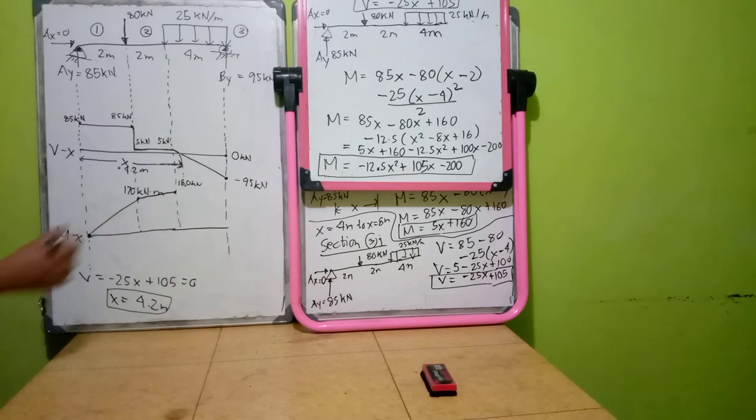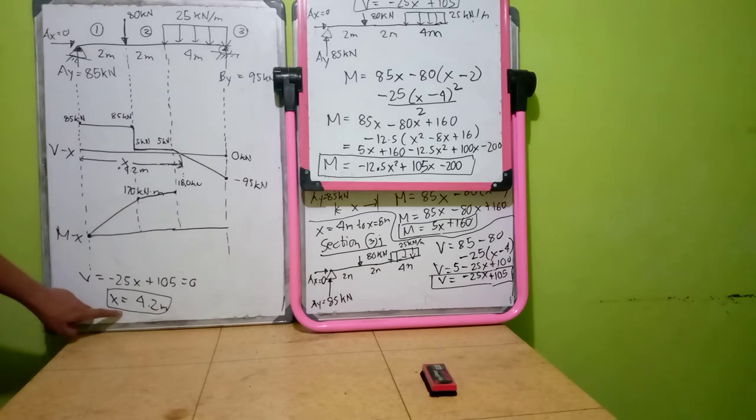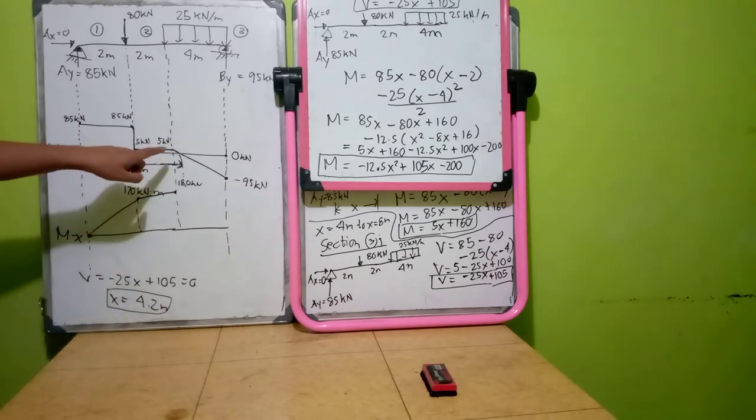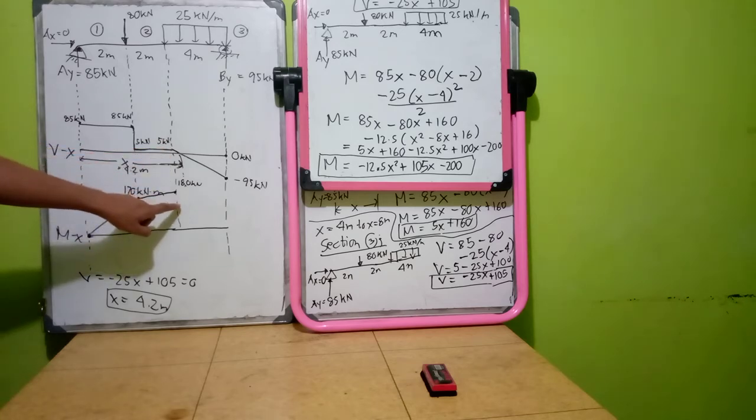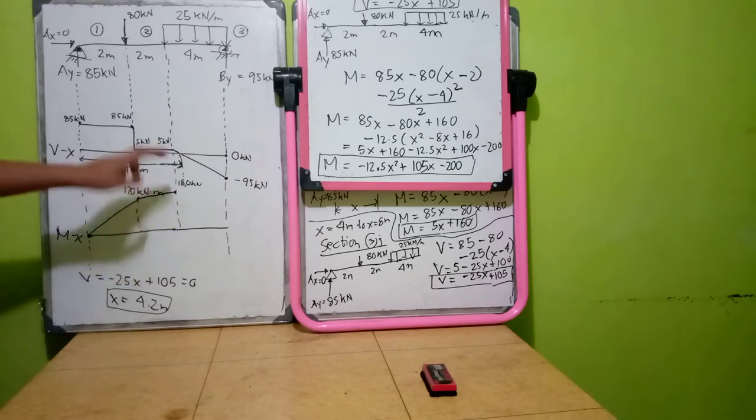We just include this so that we will know the maximum value of M. At V equals 0, it actually corresponds to the maximum value of your moment at that section.